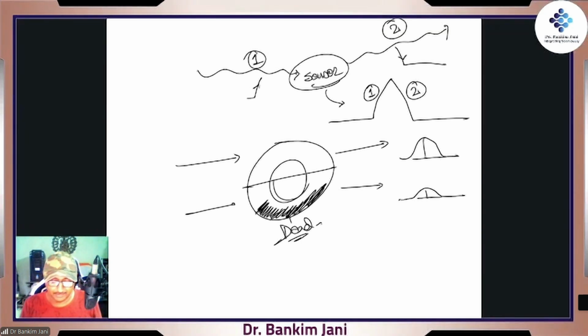But if it is not fully dead, then it might lead to some reverberations. That means the current will revolve over there on and on, so it might give the appearance like this. So that's a basic principle of how the current is really formed.